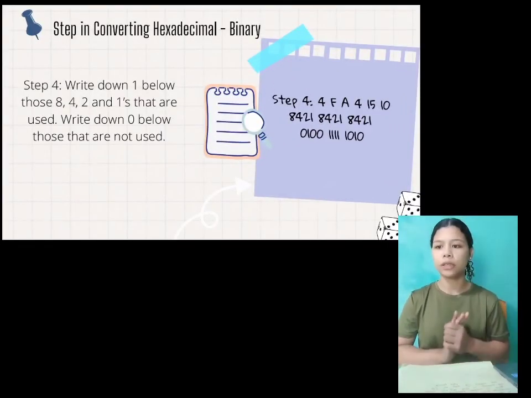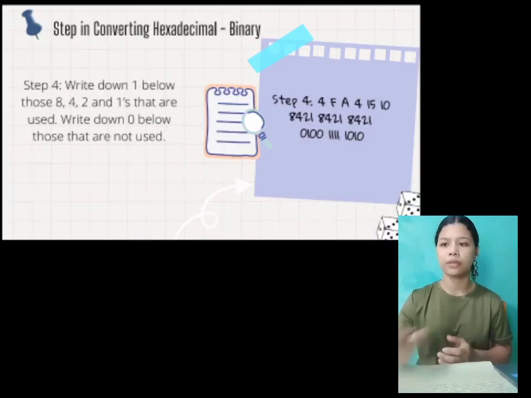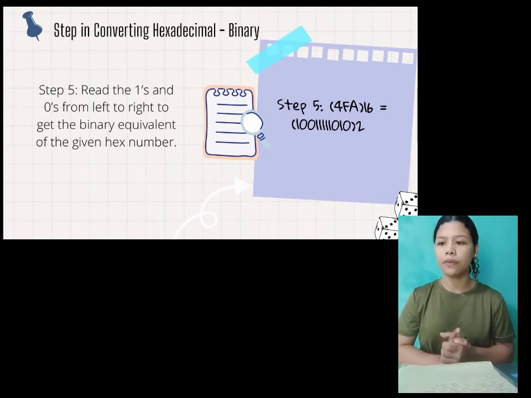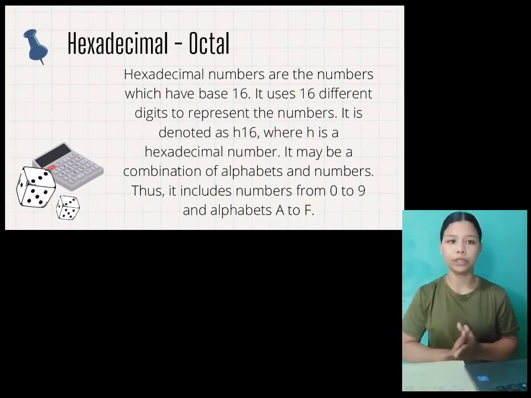Step 4. Write down 1 below those 8, 4, 2, and 1 that are used. Write down 0 below those that are not used. Step 5. Read the ones and zeros from left to right to get the binary equivalent of the given hex number.